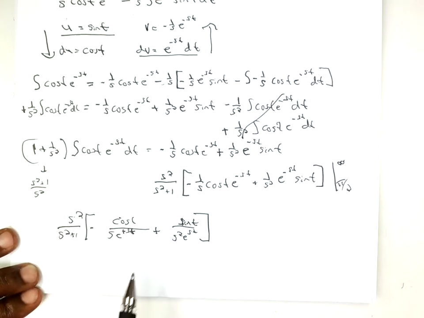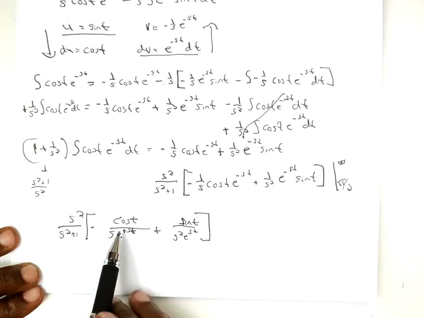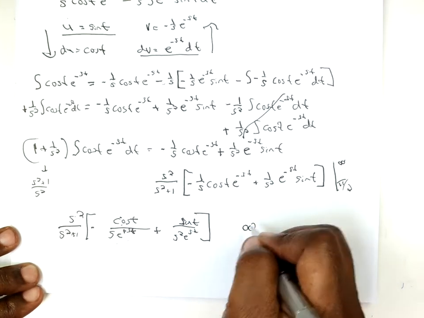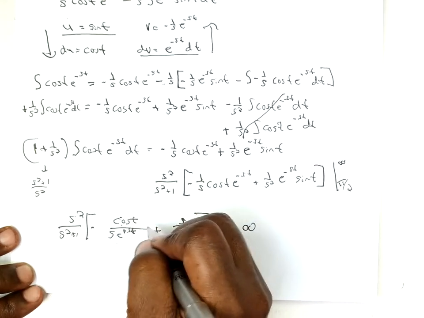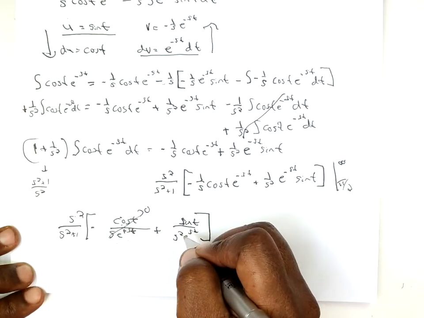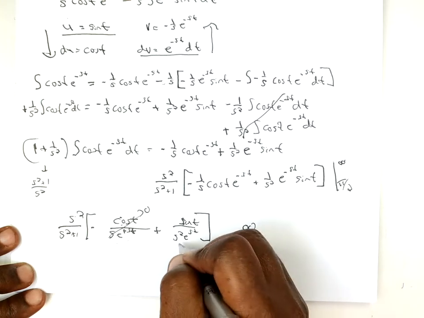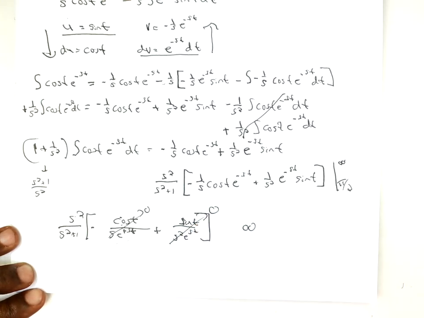Alright, so when I plug in infinity, my numerator here is fixed, the denominator is blowing up. So at infinity, this term goes to 0. And then here, the same thing, this term goes to 0.